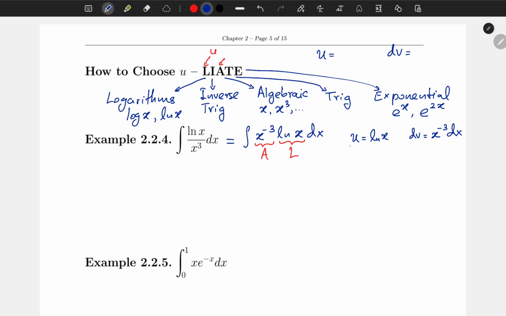Now as soon as we decide what u and dv are, the next step is to find du, which is 1 over x dx, the derivative of ln x, and find v. Integral of x to the negative 3, using the power rule, is x to the negative 2 over negative 2.